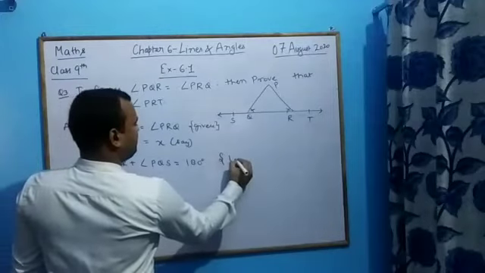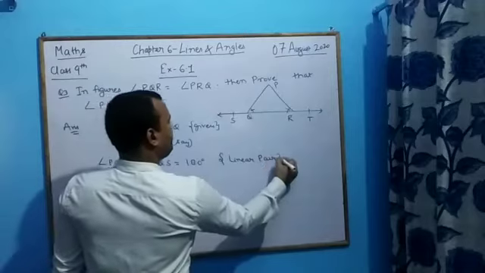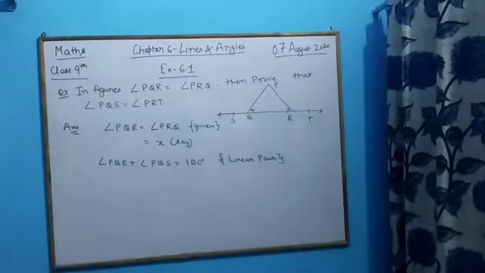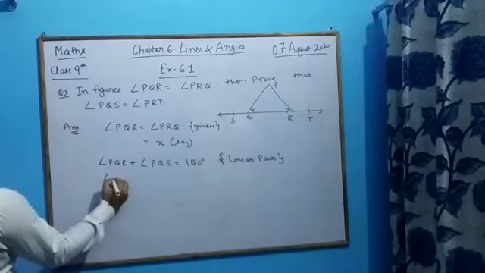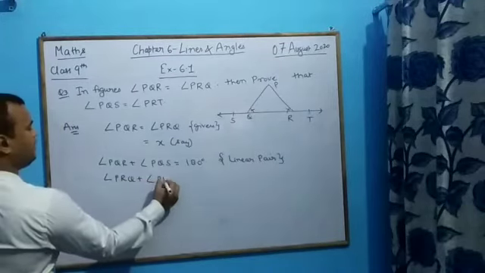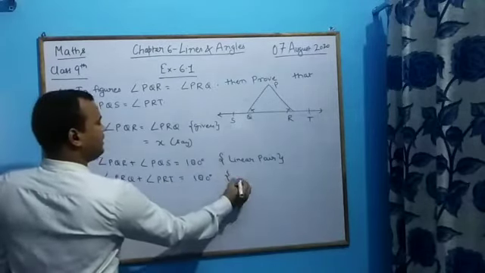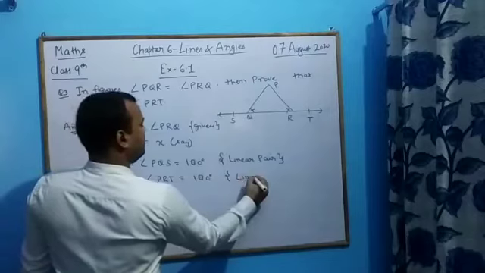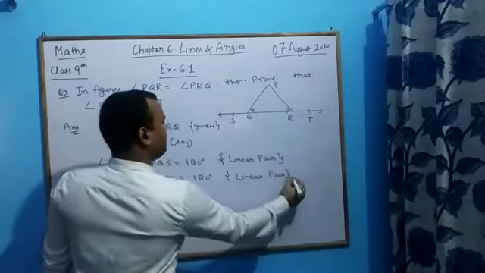And what's the reason? The reason is both are a linear pair. Again, angle PRQ plus angle PRT sum to 180 degrees, and again the reason is that both are a linear pair.